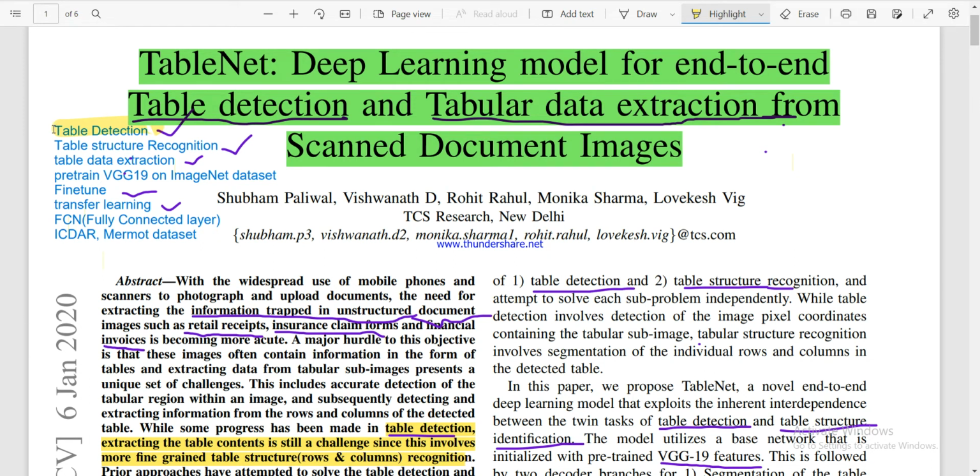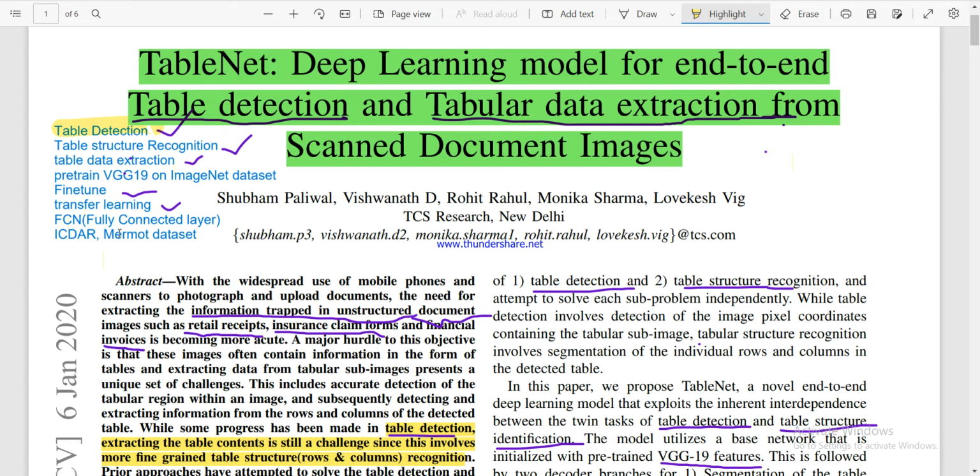Before that, a lot of study had been done individually on table detection, and some on table structure recognition. Now this paper has merged all three techniques into a single paper and also contributed a dataset. So they have created a dataset also.